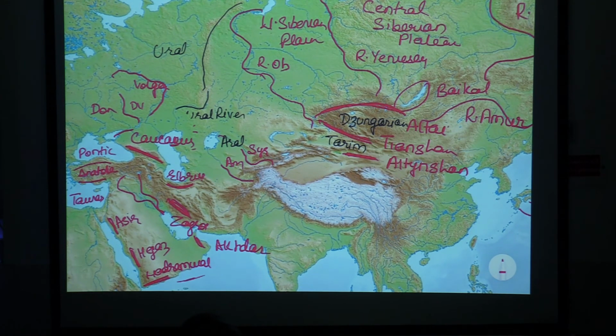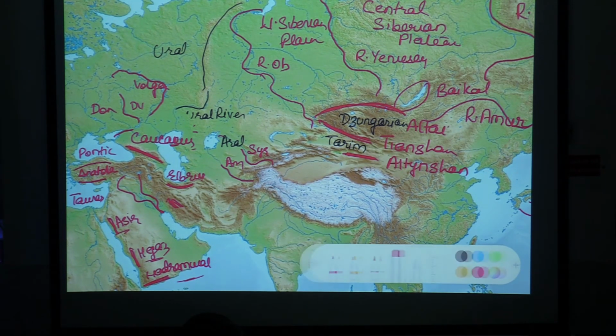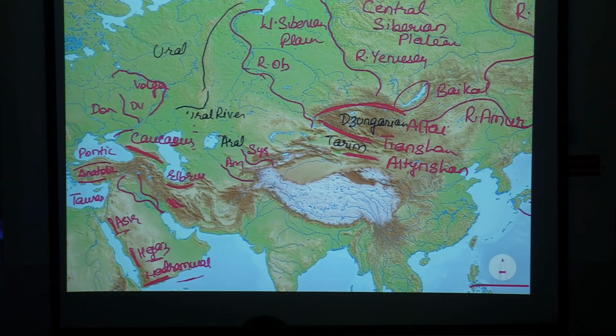So it's Hadramawat, it's Hijaz, it's Asir. Akhdar will be fold mountain. And what is this mountain here? This will be Suleiman, and this is Hindu Kush.